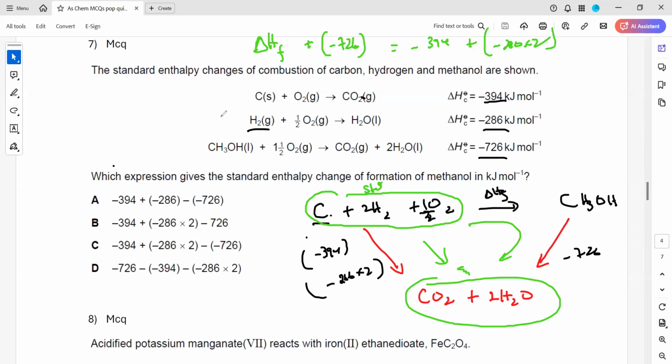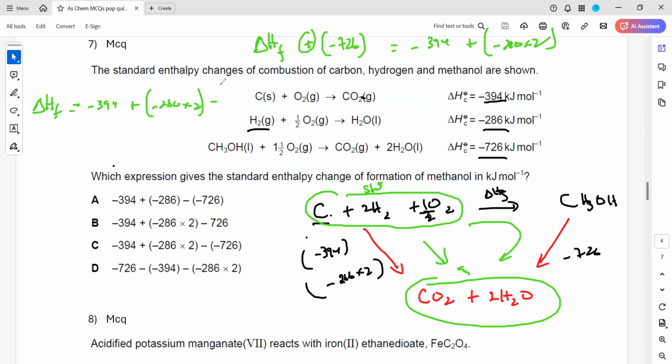I will just simplify. I will move this to the other side because it will be plus minus minus. So I move it to the other side. It will be positive. So the final answer for formation will be minus 394 plus minus 286 times 2, minus, because it was plus here, so it becomes minus on the other side.